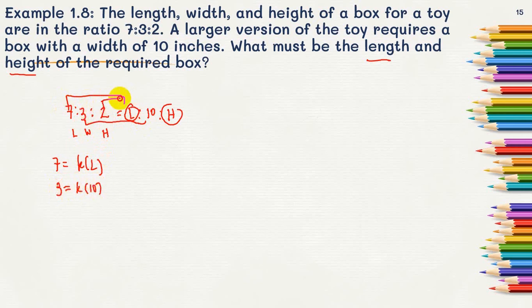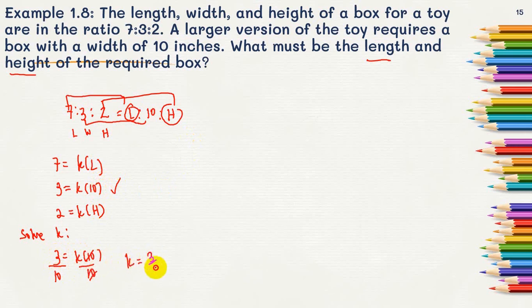And then 2 equals K times H. The first thing that we need to solve is the value of K. In solving for K, we have to use the equation with only one unknown value, which is equation number 2. 3 equals K times 10. Then divide both sides by 10. Your K will be equal to 3 over 10. So that is just the value of K.